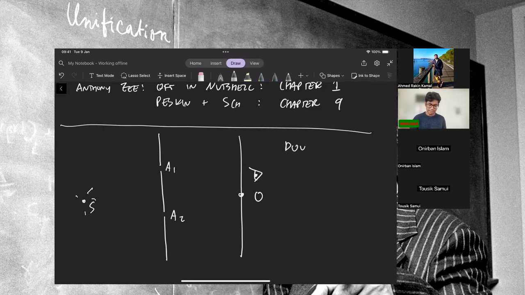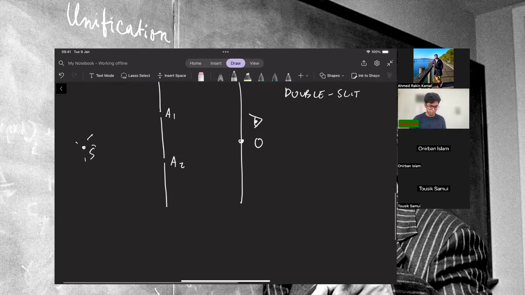Now, what the double slit experiment tells us is something like this. If you want to calculate the amplitude, which I'm going to call curly A, the amplitude that we observe a particle at O, what we do is we think about the two paths the particle can take, right?